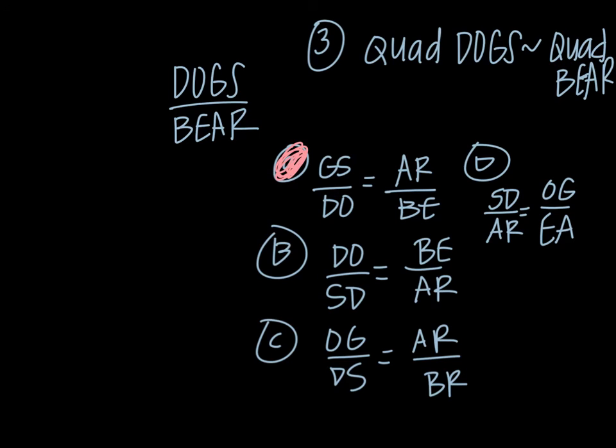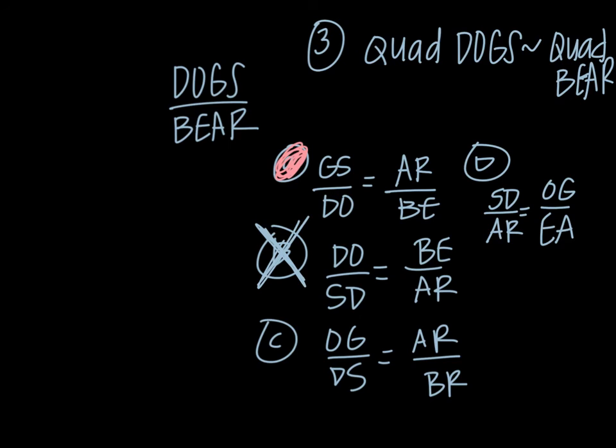Let's look at B. So B has DO going with BE. Looks like they're going horizontally too. And then they have S and D going with AR. So that does not work. So we'll get rid of B. Let's try C. So OG is going with AR.